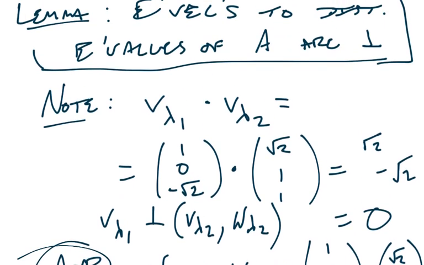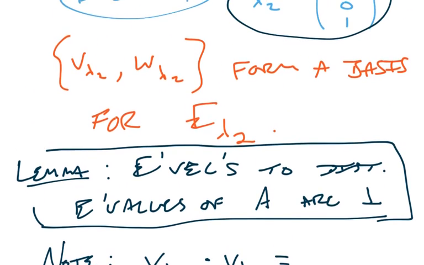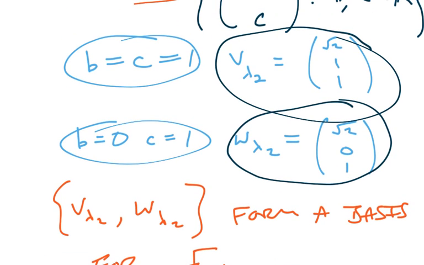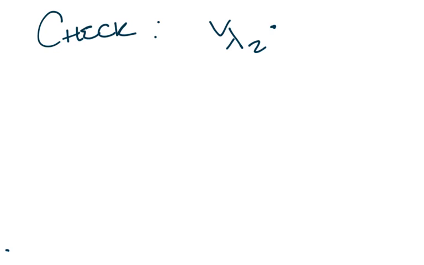We have one more thing to check if this forms an orthogonal basis, and that is to check the orthogonality of these two fellas. And just eyeballing it, hopefully you can see that those are not orthogonal. Let's go ahead and check. If we check the orthogonality of v lambda 2 and w lambda 2, these are two eigenvectors corresponding to the same eigenvalue, which our lemma said nothing about.